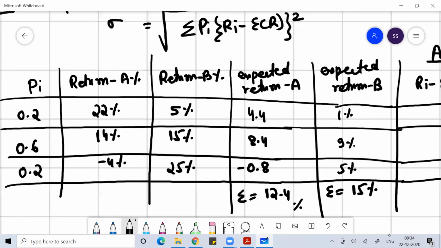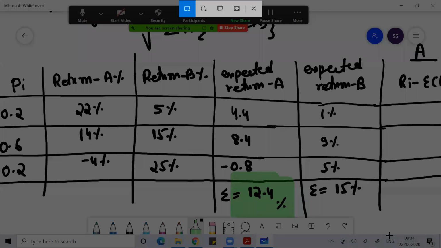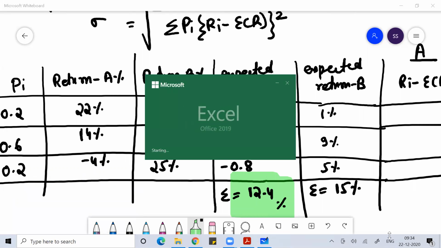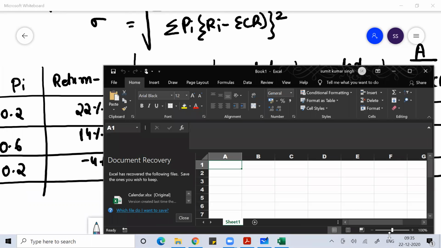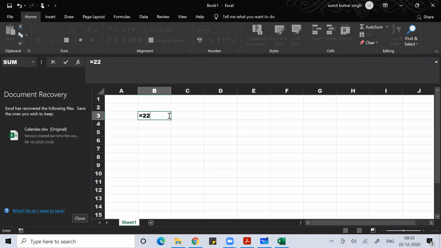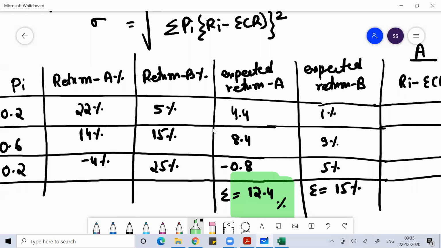So for A, 22 minus 12.4, that is 9.6. Then 14 minus 12.4 means 1.6.